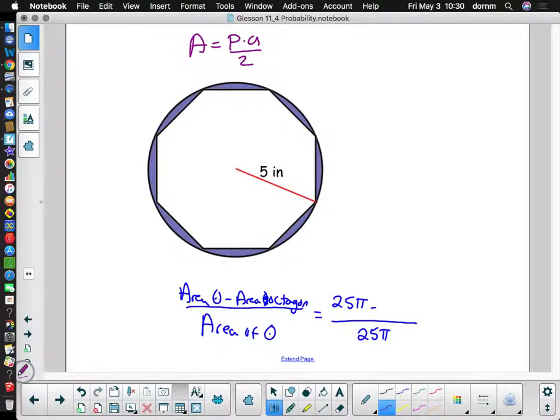Knowing the radius and the fact that it has 8 sides is enough, because I can draw in my apothem. Here's my angle. There's my apothem, and this, I'll call O for now, is half of the side. Why am I calling that O? Because that's the opposite side of the angle that we're going to get, which is this angle right here.